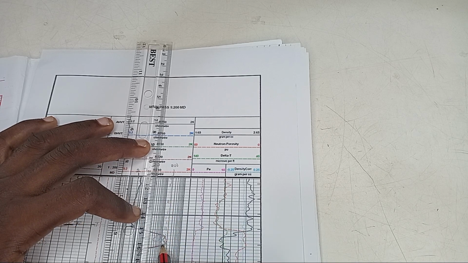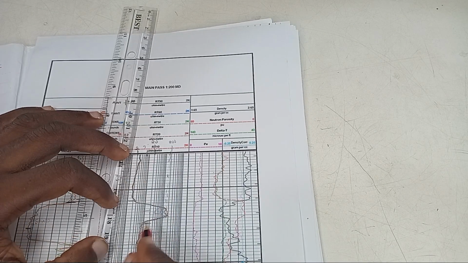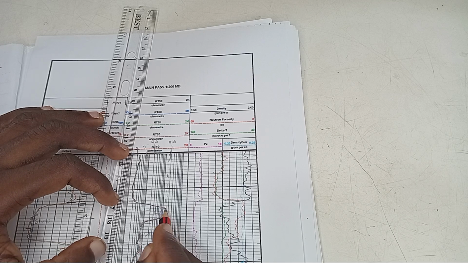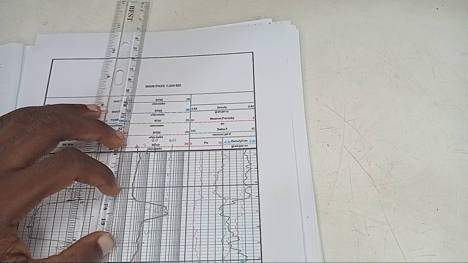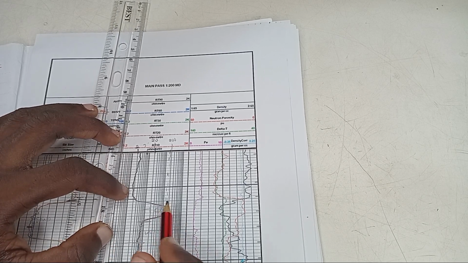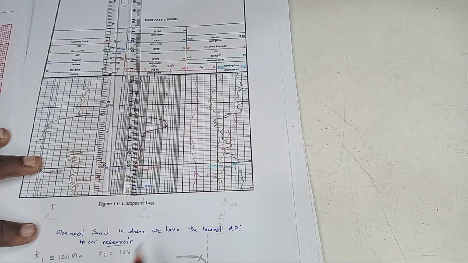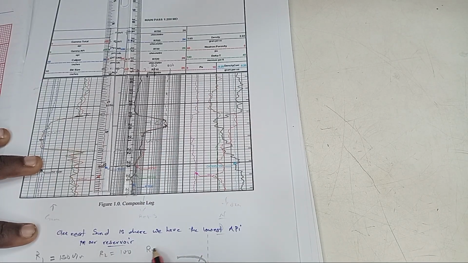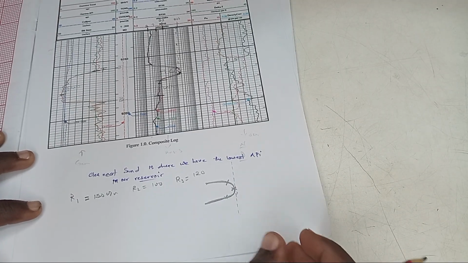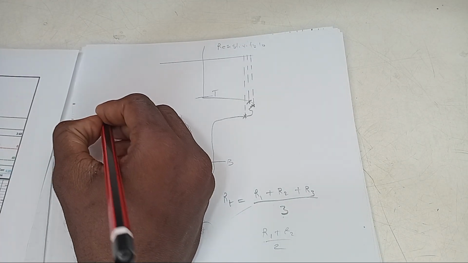You can see it's a bit lower than that. So just look for this reading of 150, 100, and the last one, 120. Okay, 150, 100, 120. So just come here and get my RT.